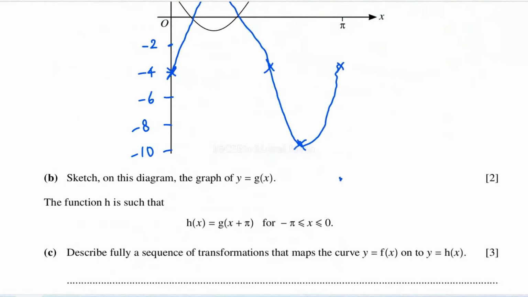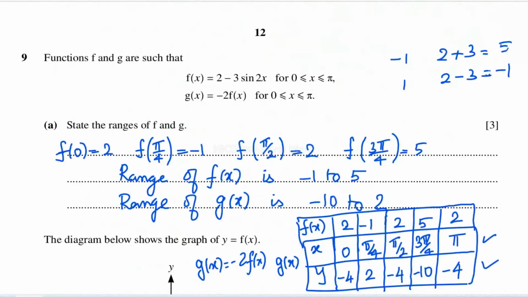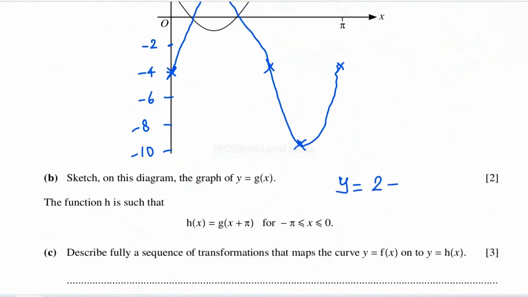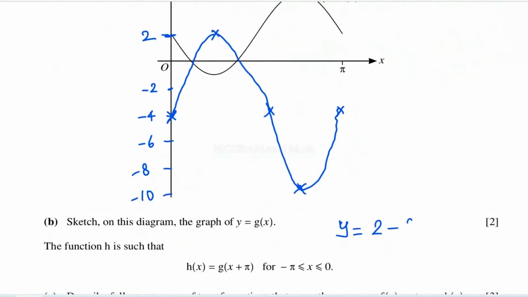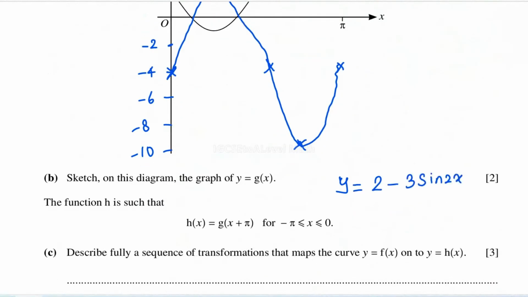Let's write y, which is 2 minus 3 sine 2x, and this is f of x, and what is g of x, which is minus 2 multiplied by f of x.